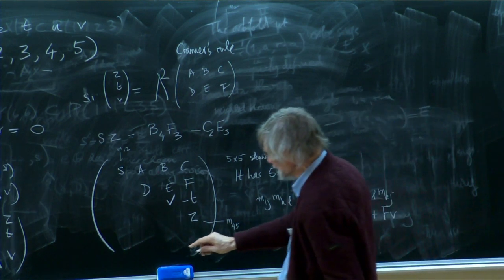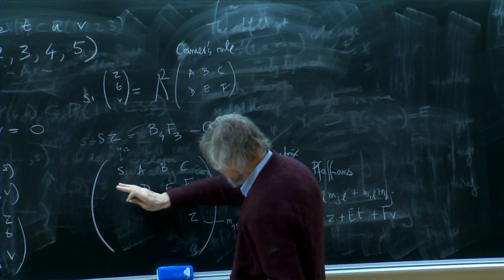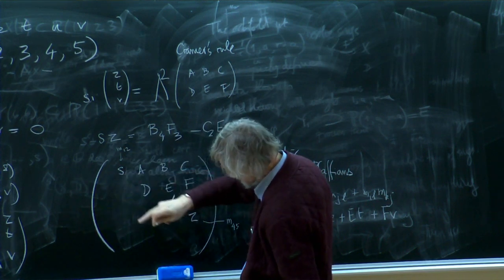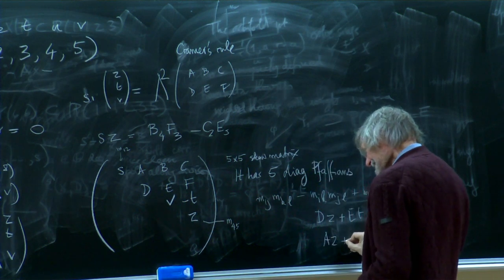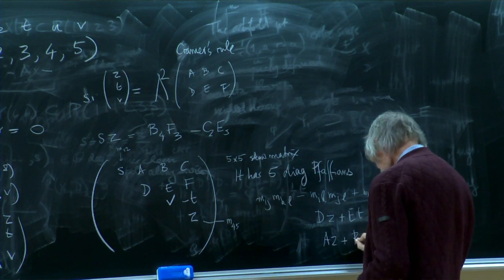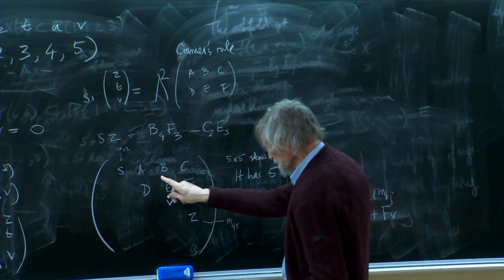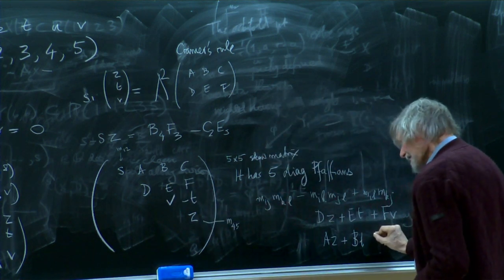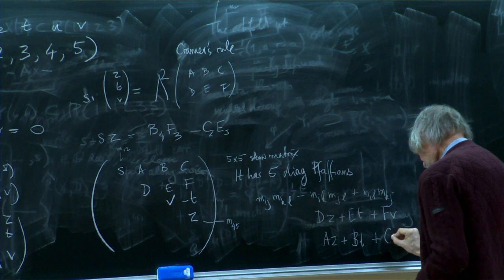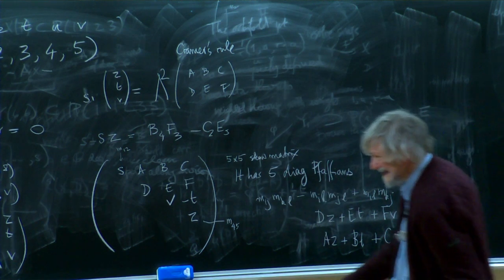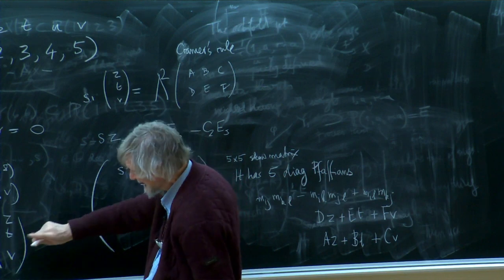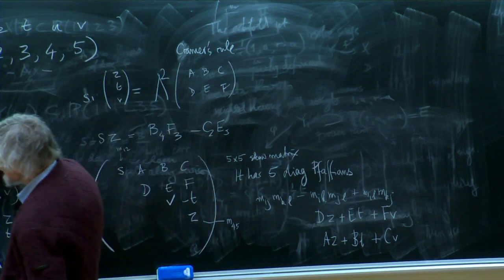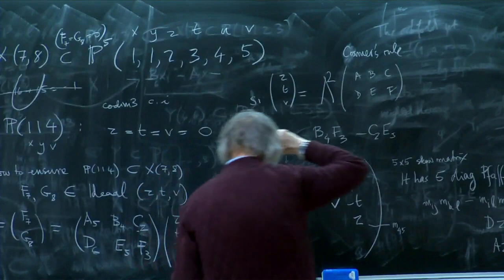And then if I cancel the second row, I'm supposed to write down A times Z plus, so minus B times minus T, plus C times V. And that's exactly these two equations. These are the equations that say that the plane is contained in the threefold.